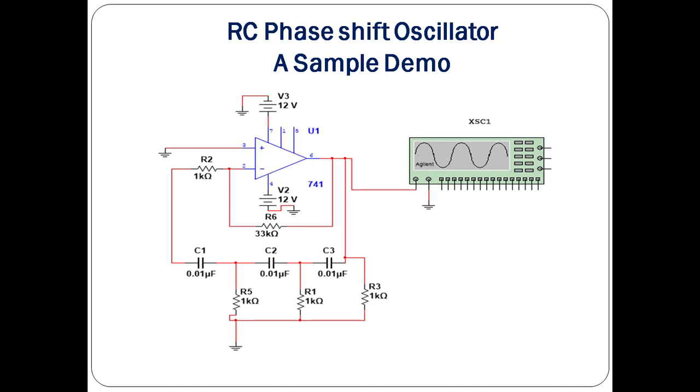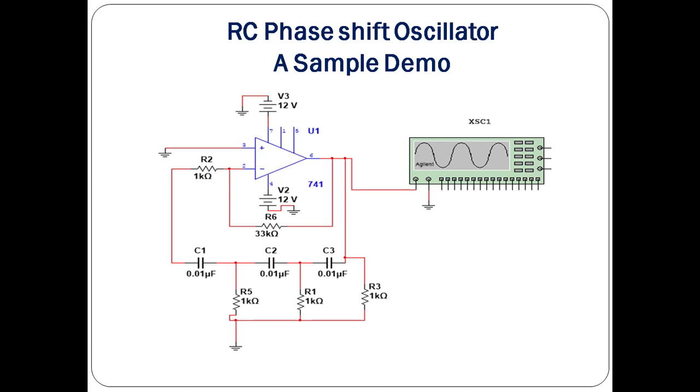And also the second condition should be met: the closed loop phase shift should be 360-degree or 0-degree. The phase shift around the loop from the circuit would be 360-degree or 0-degree. If you are able to satisfy these two criteria, then you can generate sustained oscillations.